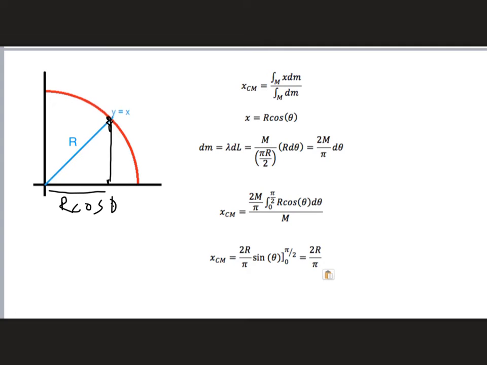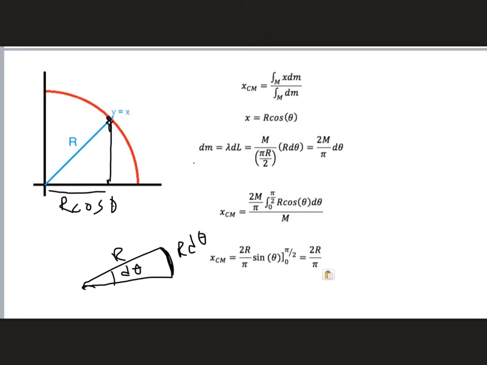We've seen that many times before, that if this is some d theta, and this is r, this segment is going to be r d theta. And so that gives me the length of the segment dl. And so my dm is lambda times dl, which gives me this.